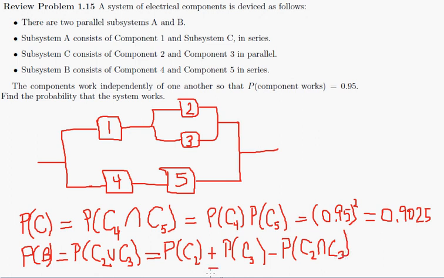So this works out to be 0.95 plus 0.95 minus the probability that they both work, which will be 0.95 squared again. And so doing the arithmetic, 0.95 plus 0.95 minus 0.9025 gives 0.9975.